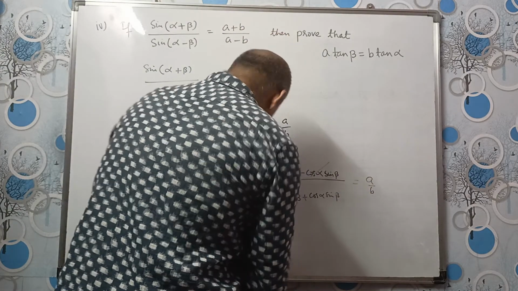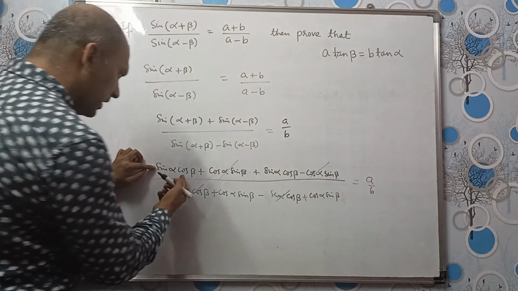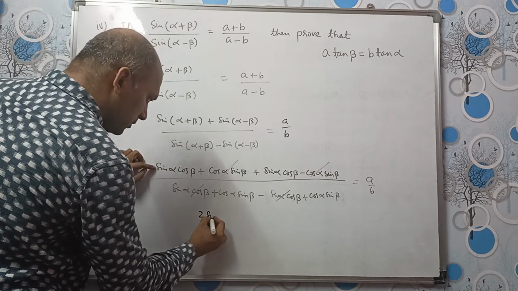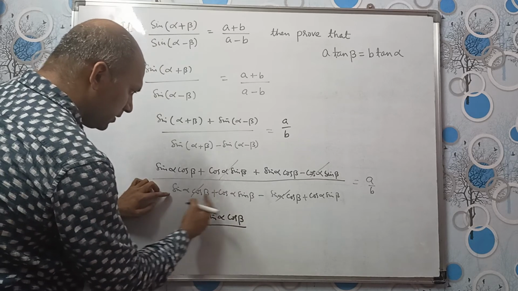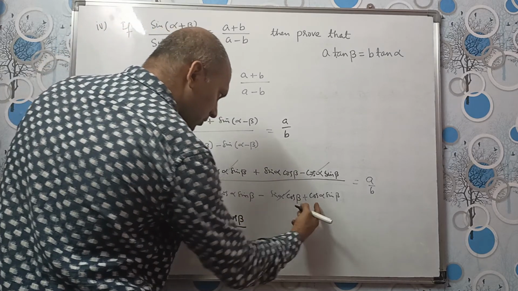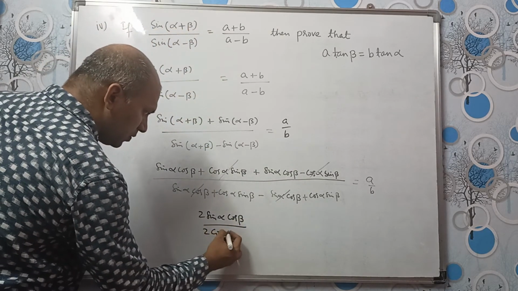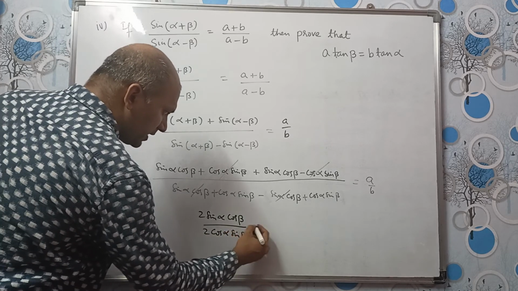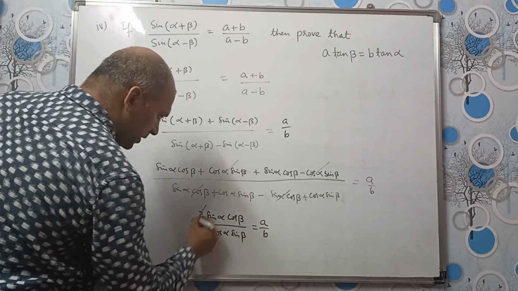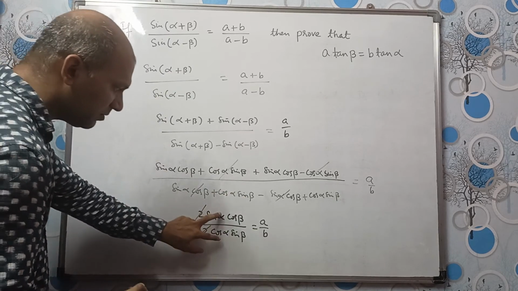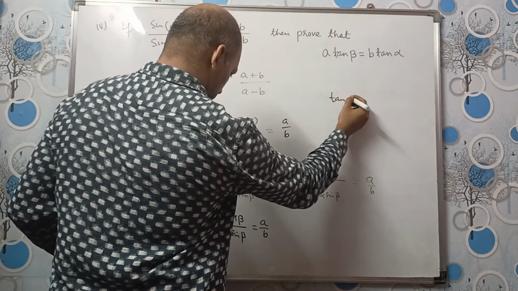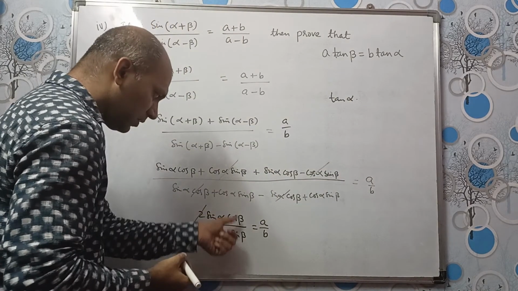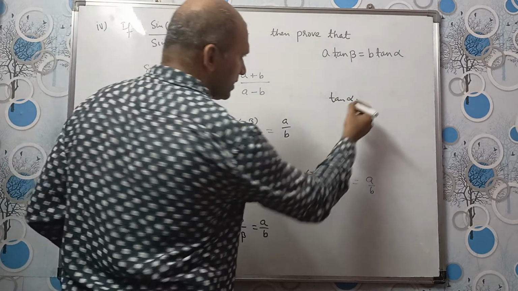Alright, so what do we have? 2 sine alpha cos beta divided by 2 cos alpha sin beta is equal to a by b. 2 will get cancelled. Sin by cos is tan, so this is tan alpha multiplied by cos by sin. Cos by sin is cot.